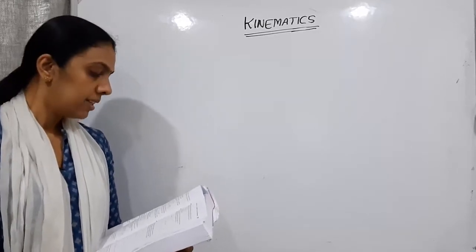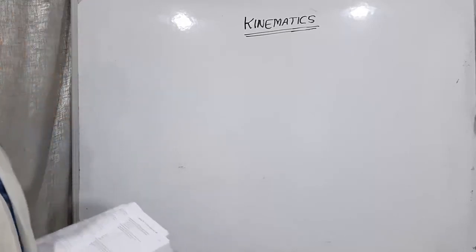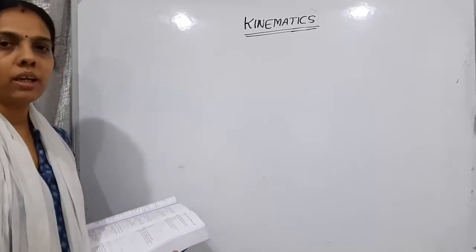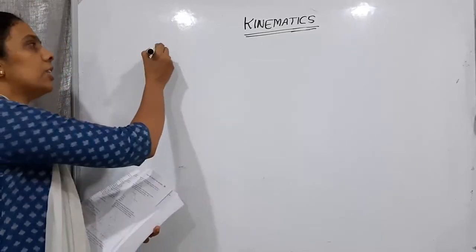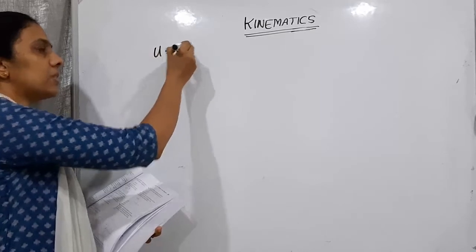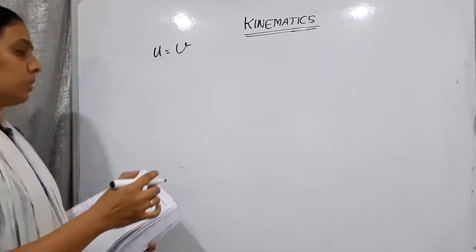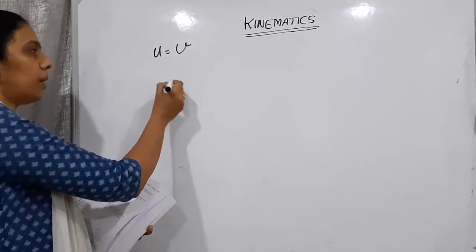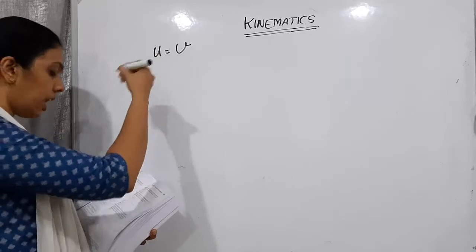Next question is, a ball is thrown vertically upward with a speed v from a height h meter above the ground. The time taken for the ball to hit the ground. So here we are throwing a ball vertically upward with a speed v. So initial velocity is given as v from a height h meter above the ground.